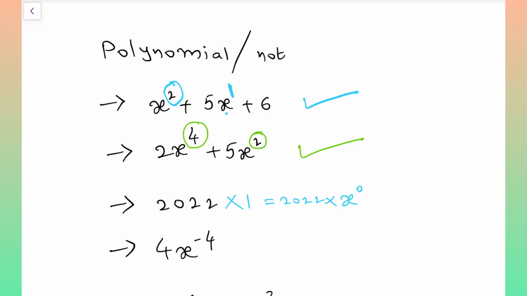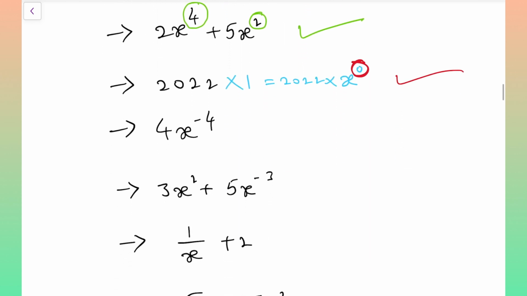In the chapter exponents and powers, we have one formula, a power 0 equals 1. In simple words, any number power 0 is equal to 1. So 1 I am replacing with x power 0. Now if we observe the power for this x, that is 0. 0 is a whole number. So this is also a polynomial. It means every constant is a polynomial only.